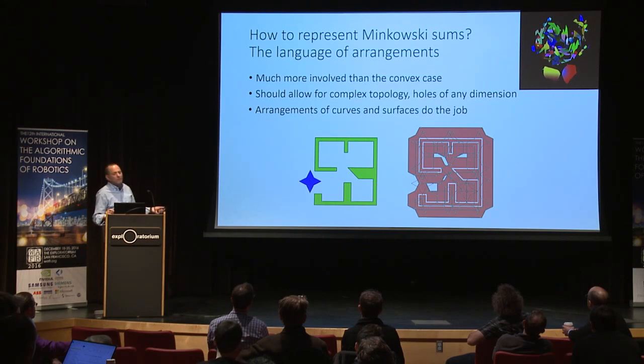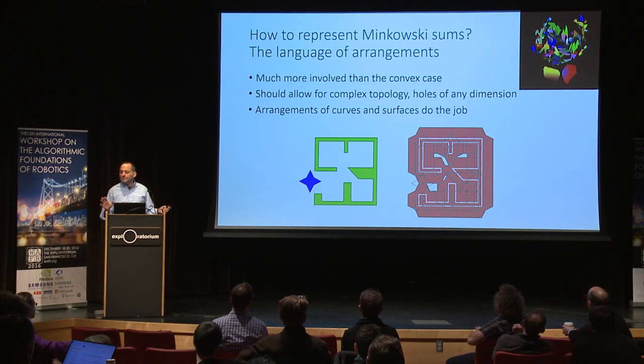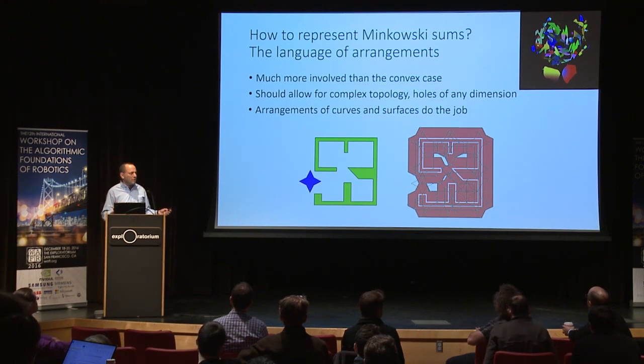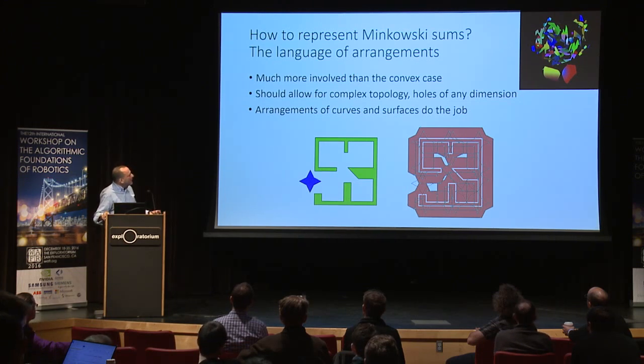And the suitable thing to represent this is something called arrangements of curves and surfaces, simply the subdivision of the plane or of space by a collection of curves and surfaces into vertices, edges, faces, and higher dimensional cells. You see these nice pictures.